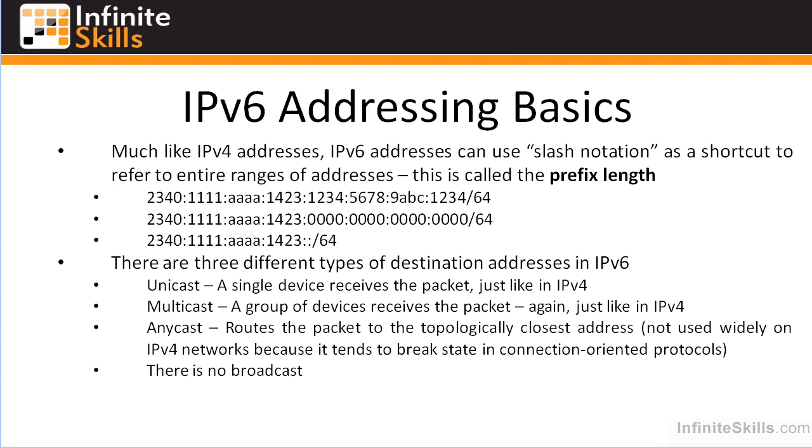If you sent a broadcast to this /64 global routing prefix, then you could feasibly be affecting tens of thousands or hundreds of thousands or millions of computers. So I think they made a good decision in removing the broadcast from IPv6. We'll continue on with our discussion of IPv6 addressing basics in the next video.